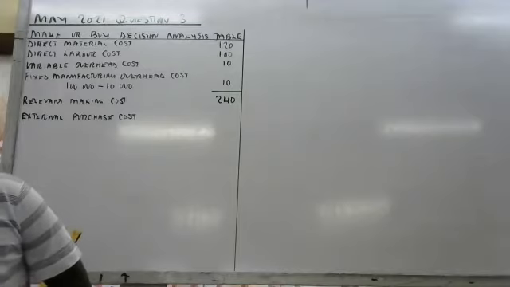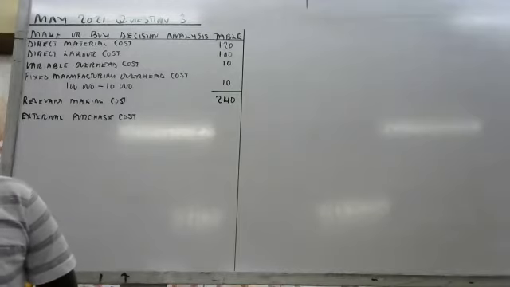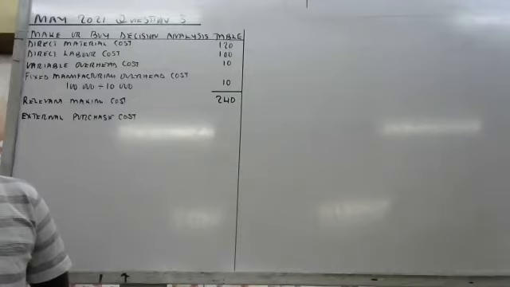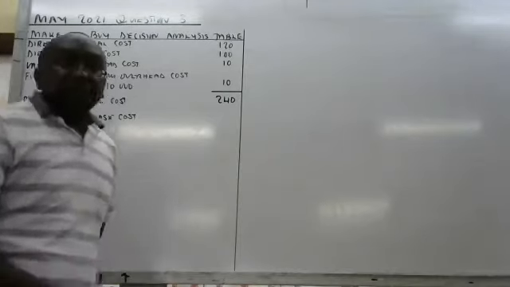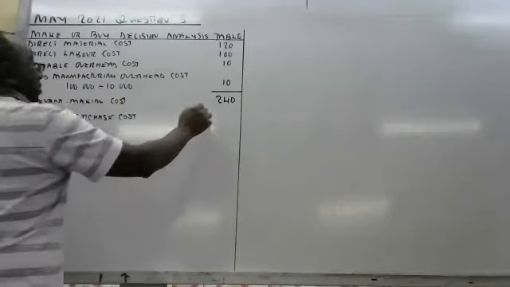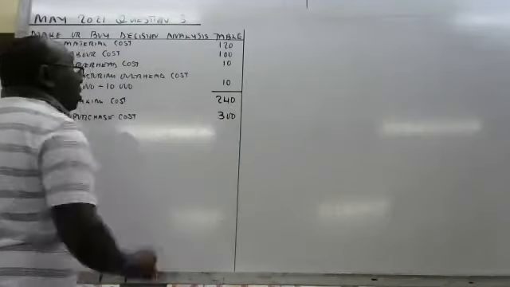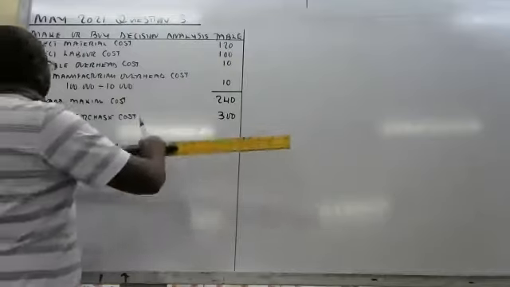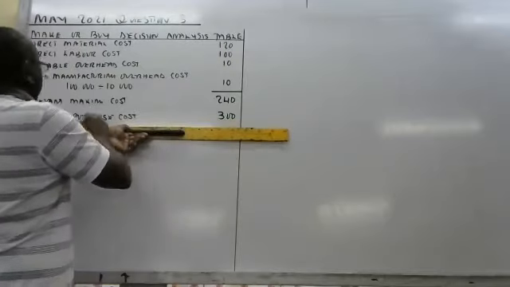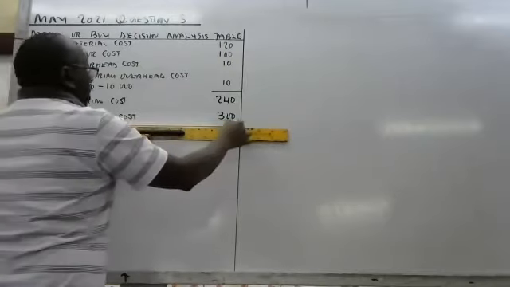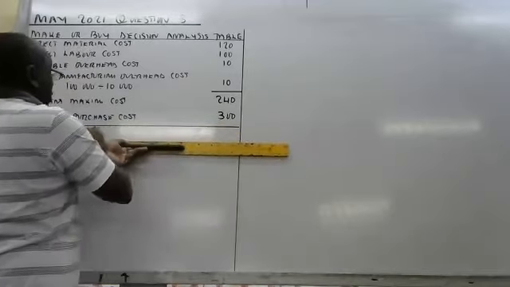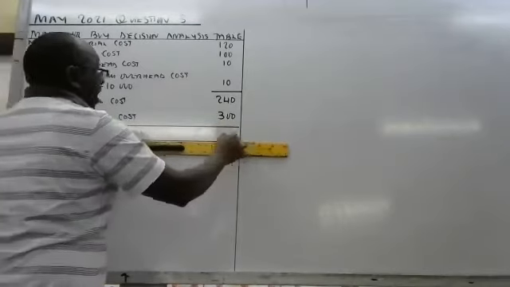We are told they can get this item at a cost of 300. So that means you compare those two. And when you compare those two, you finally make a decision.